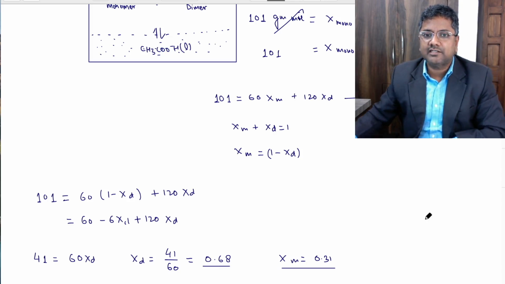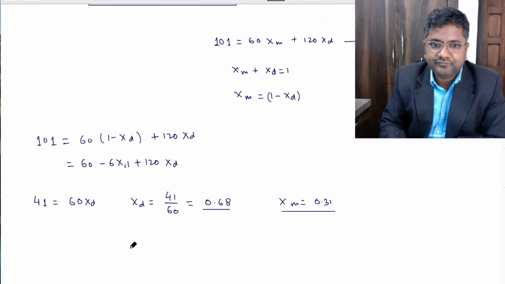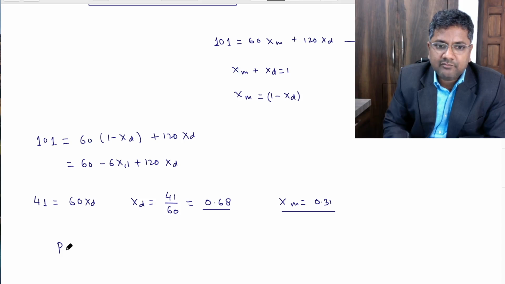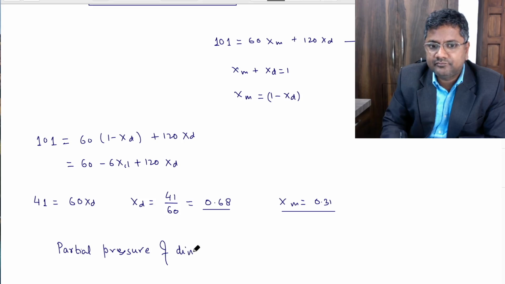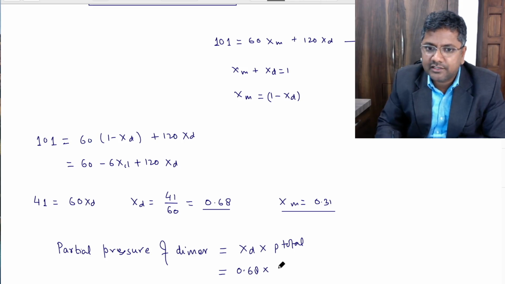Now see the partial pressure of monomer and dimer. Partial pressure of dimer is equal to mole fraction of dimer into P total. So the mole fraction of dimer is 0.68 into P total, which is 1.01 bar.